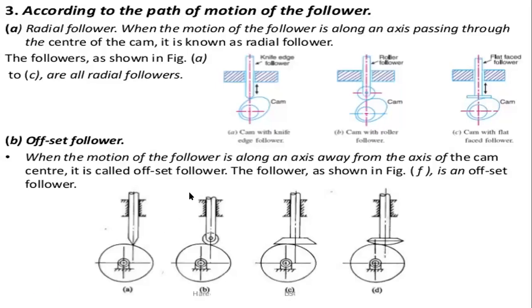So now you can see this. The follower is used to move in the direction of the cam. Where there is deviation, it is going to move in the upward and backward direction.